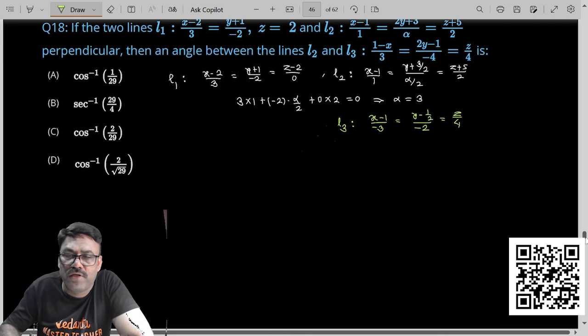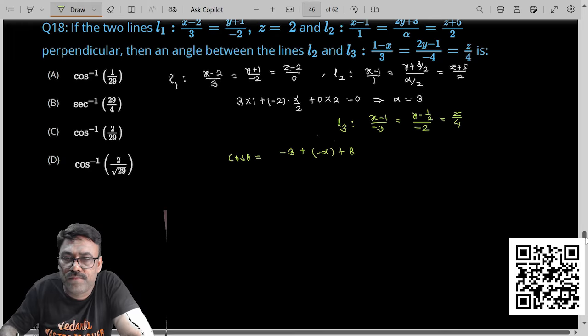Let's say theta is the angle. So cos theta will be 1 into minus 3, which is minus 3, alpha by 2 into minus 2, which is minus alpha, and then 2 into 4, which is 8.